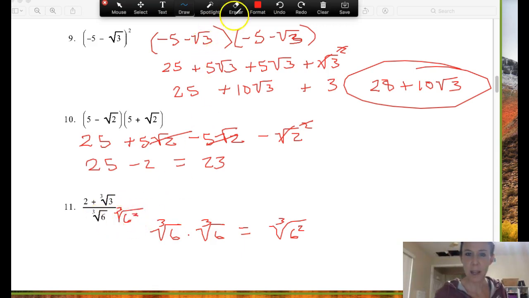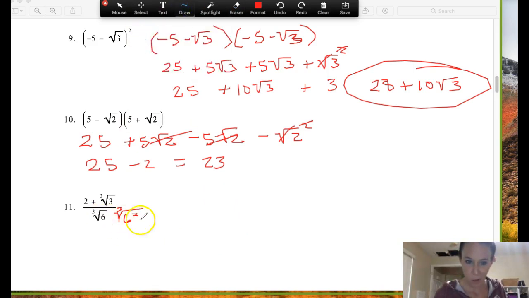Because then I get the cube root of 6 times 6 squared, which is 6 cubed, so the cube and the cube root cancel. So that cube root is a little trickier when you have to rationalize it. Doing it to the bottom, I have to do it to the top. I was showing you how to do the bottom just to show you, but I have to do it to top and bottom to make it a legal operation. The reason is that doing it to the top and bottom is like multiplying by 1.